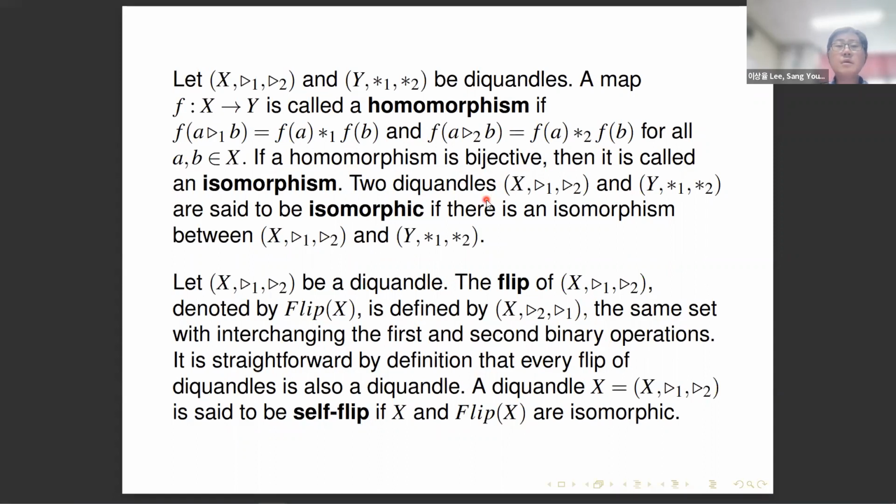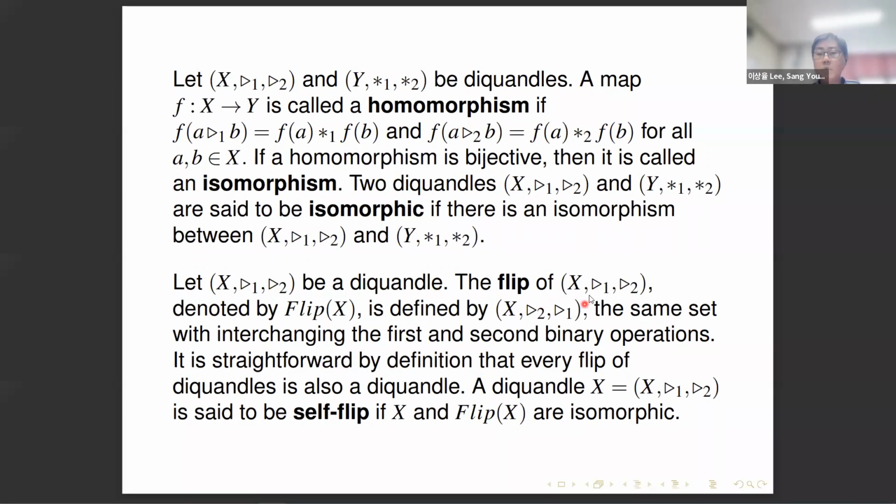These are some basic definitions, homomorphism and isomorphism, as used in quandles and also biquandles. Let (X, δ1, δ2) be a diquandle.